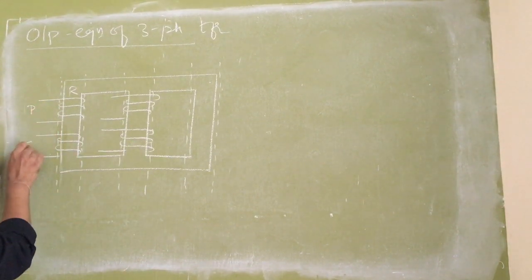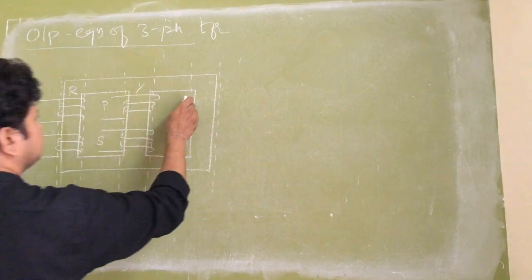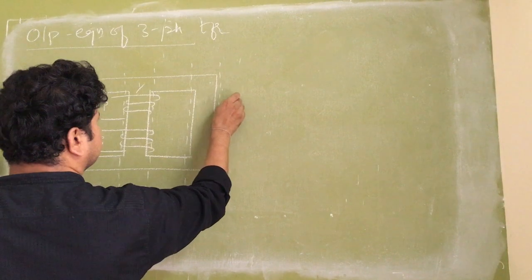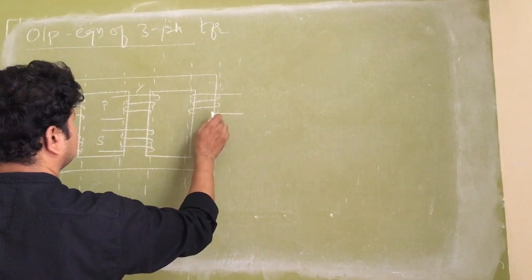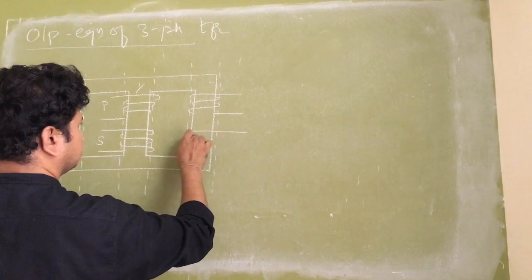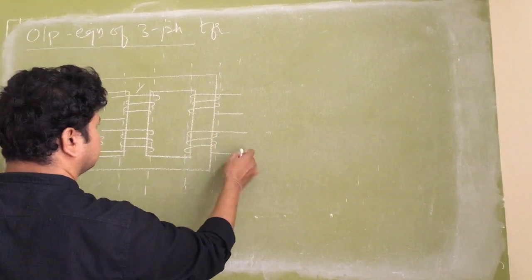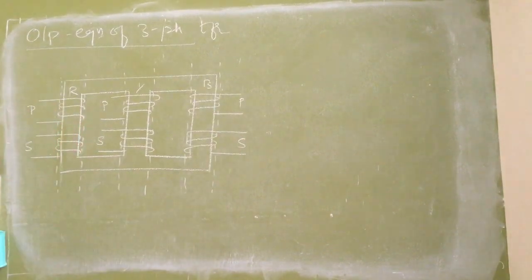So this is primary, secondary, Y phase. B phase, primary and secondary.